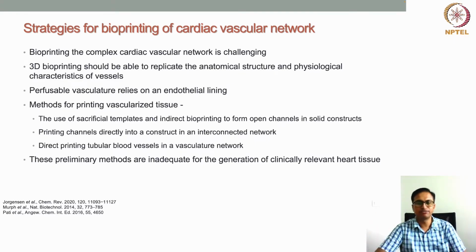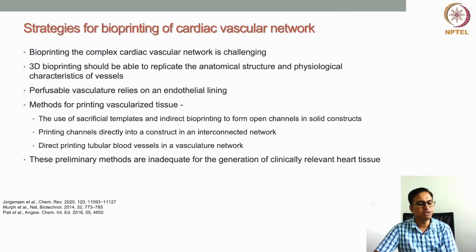That channel can be used to perfuse blood, media, or other things, so that the tissue can survive. When it is implanted, that channel can connect to the pre-existing blood vessels, and then the blood can supply the tissue.